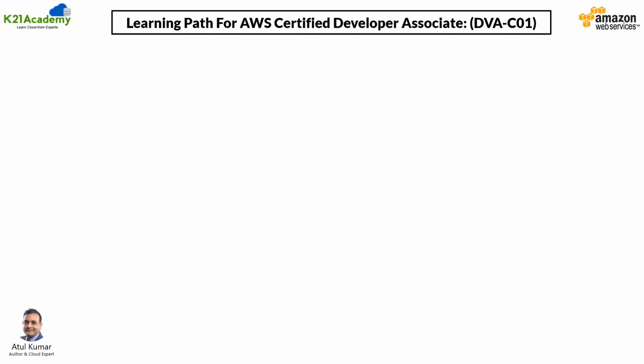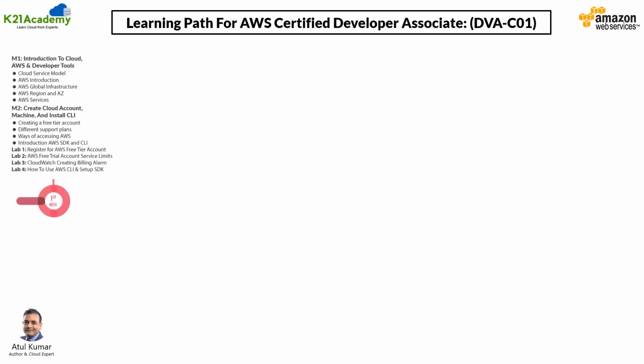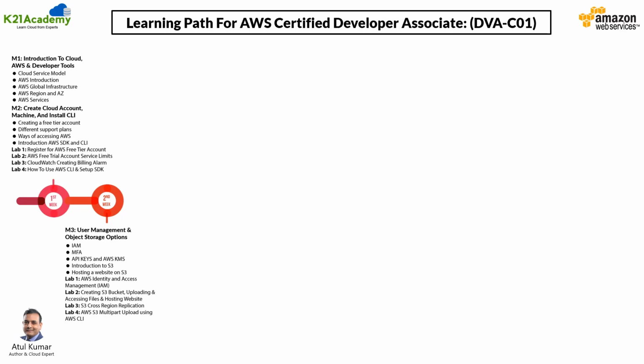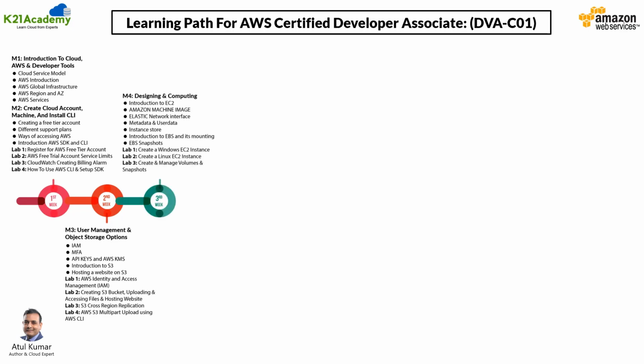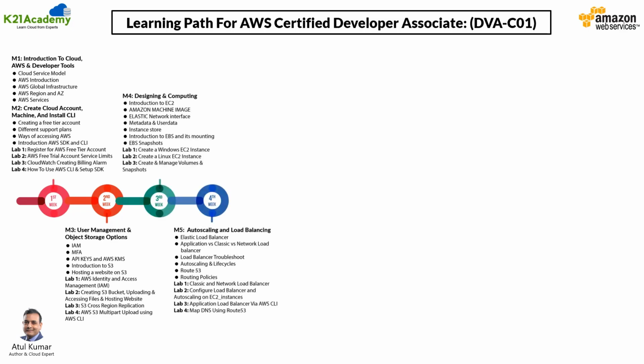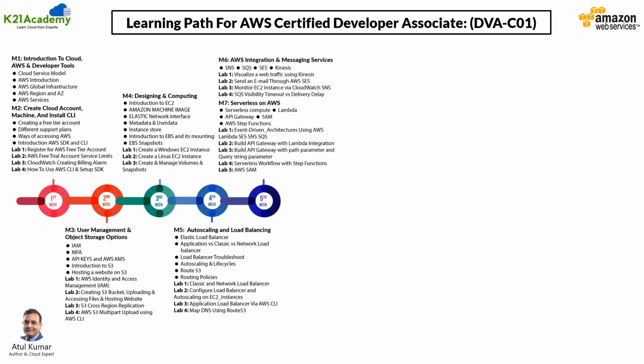We have put down everything about the certification, including the basic concepts that one should know. So you will begin with Introduction to Cloud, AWS and Developer Tools, creating cloud account, user management and object storage options, designing and computing, auto scaling and load balancing, AWS integration and messaging services like Simple Notification Service, Simple Queue Service, Simple Email Service and Kinesis.